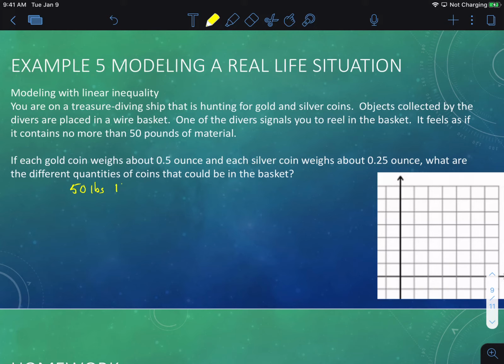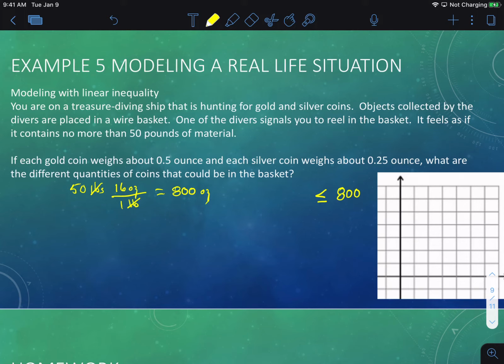I know that there are 16 ounces in 1 pound, and so when we multiply that, pounds cancel as units, and 50 times 16 is 800. So we end up with 800 ounces. According to this problem, 800 is the most that we can possibly have, so everything else by comparison is going to be less than or equal to 800.